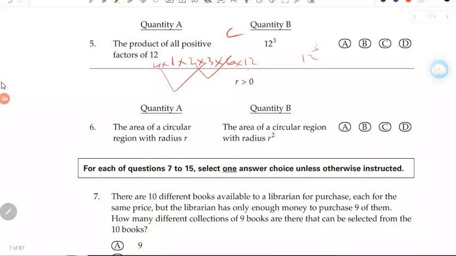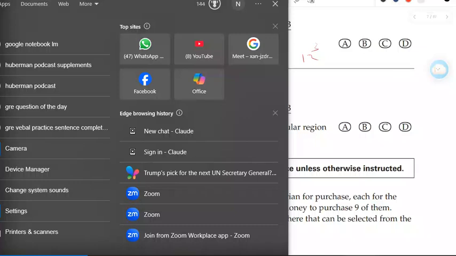The area of a circular region with radius r, and the area of a circular region with radius r squared. R is greater than 0. You can choose anything. So let's choose 1 again. Remember, it's just saying pi r squared.